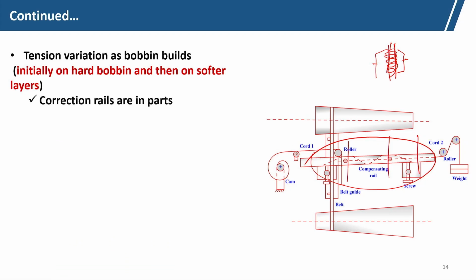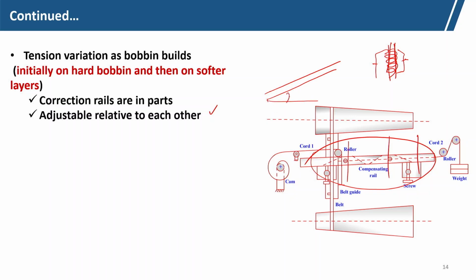Correction rails are in parts, so they can be adjusted relative to each other. The correction rail we have discussed is at a certain angle to reduce the shift of the cone belt, but this correction rail can also be adjusted at different angles.